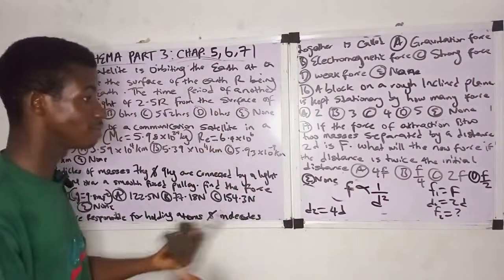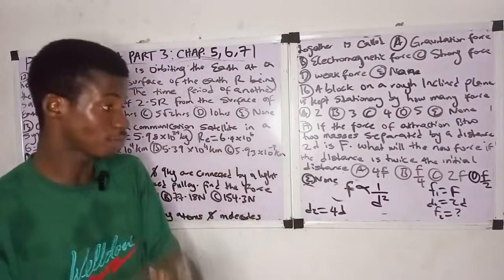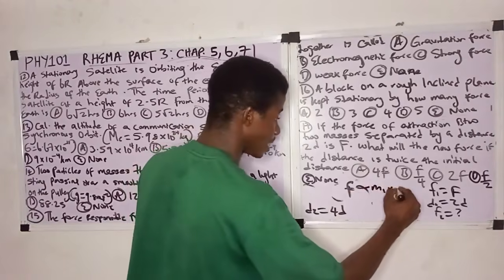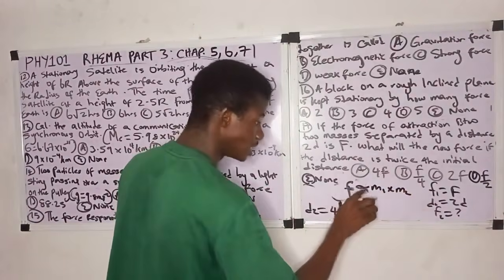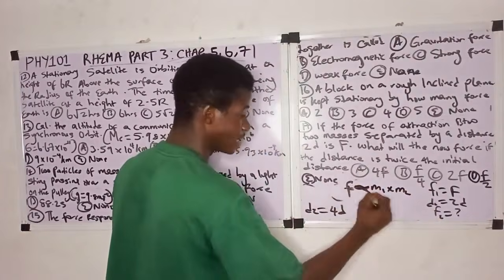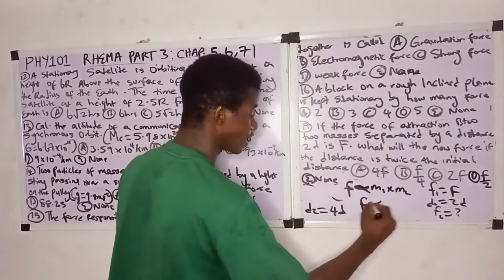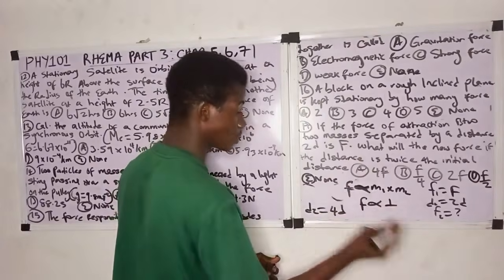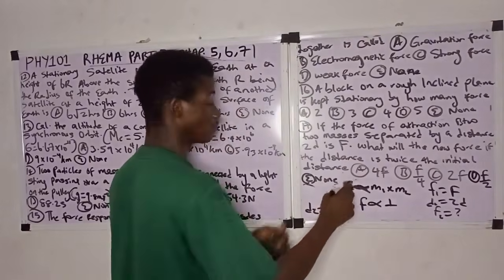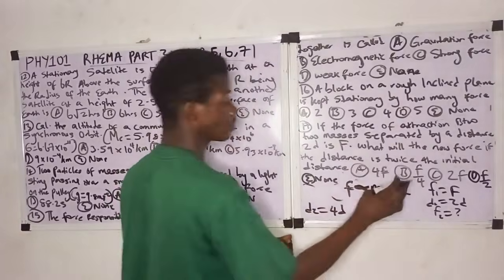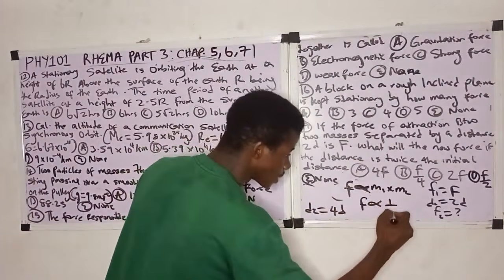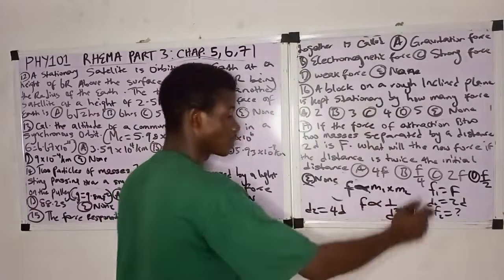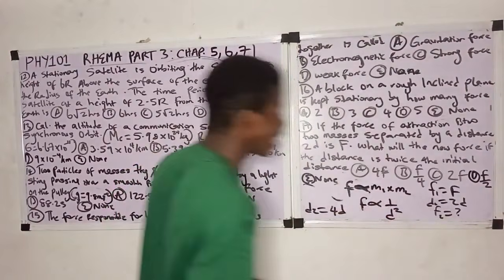This is the symbol for directly proportional, while this one is inversely proportional. So the force is inversely proportional to the square of their distance apart.